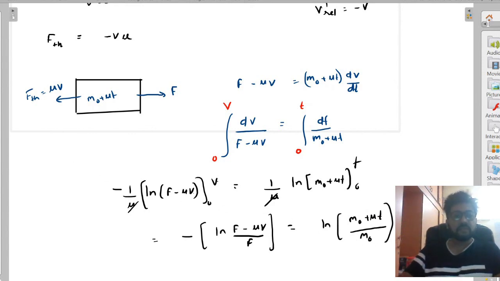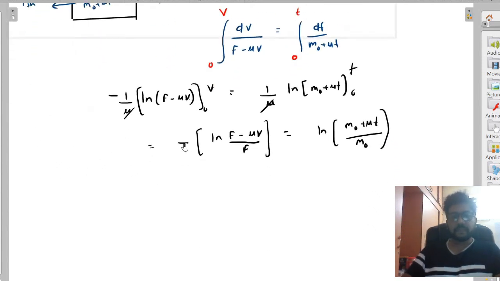So from this, if you take the minus inside, you will get F by F minus mu v is equal to m naught plus mu t upon m naught.